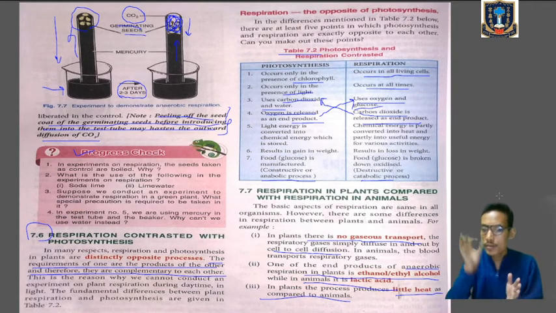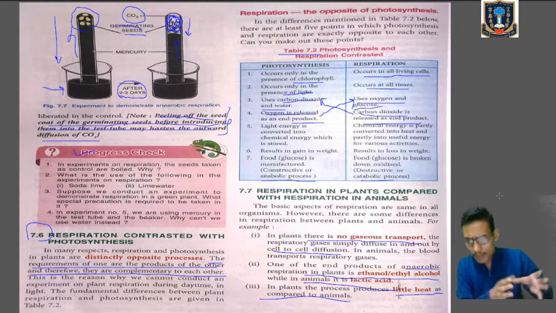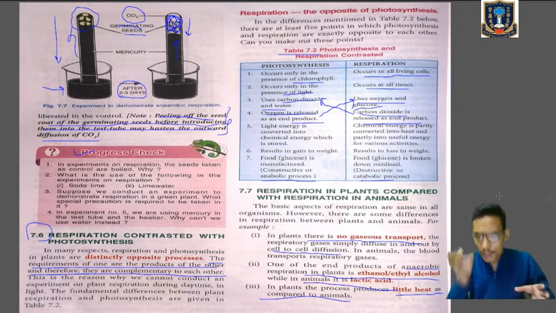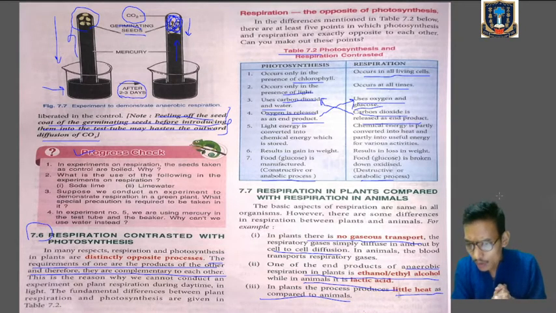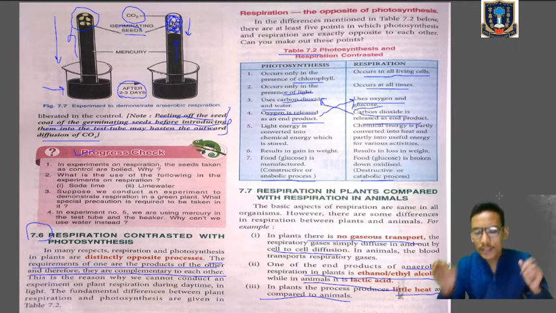Clear? In plants there will be cell to cell diffusion of gases, in animals it is done with the help of the blood. In plants, the end product of anaerobic respiration is ethanol or ethyl alcohol, whereas in animals it is lactic acid. In plants, a little amount of heat will be produced as compared to animals.